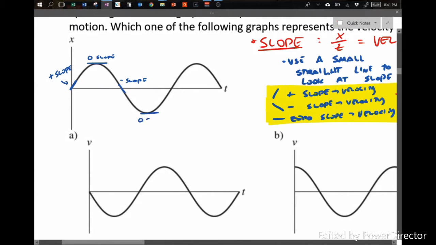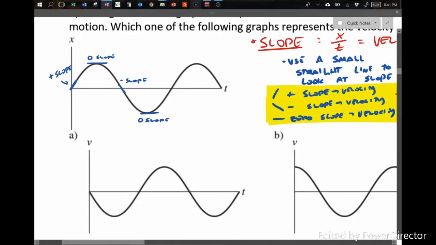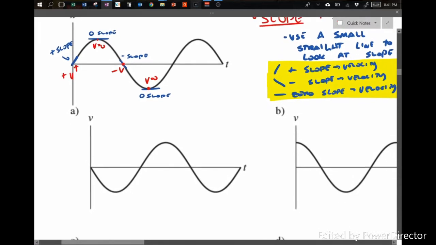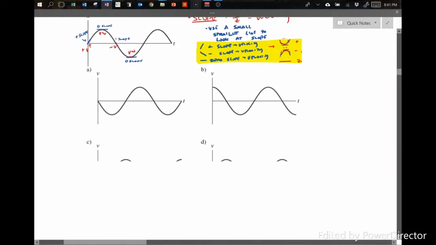And then it moves to 0 slope. Which means we start off with a positive velocity. We go to velocity equals 0, get to a negative velocity, and we end down here with a velocity equals 0. So, at the very beginning, we should have a positive velocity.